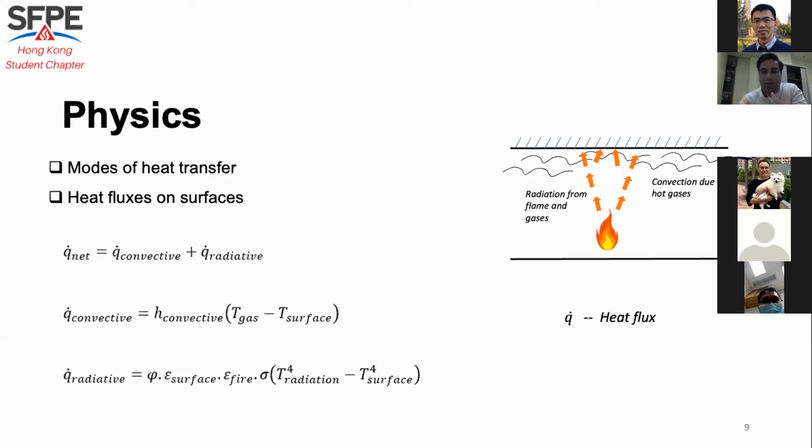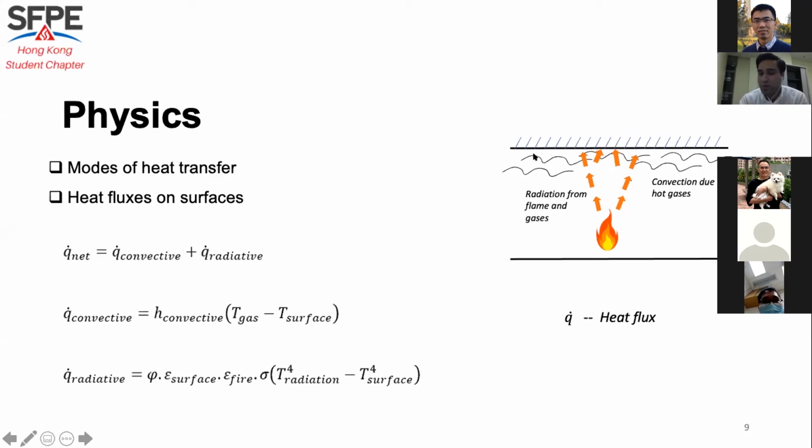But at the surface boundary we need only two modes of heat transfer. That is convection, which is basically because of the hot gases, which start after the fire started. These gases cover the structure boundary here, so convection by gases and radiation from the flames or gases themselves.